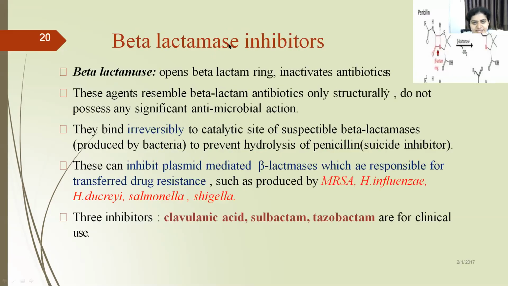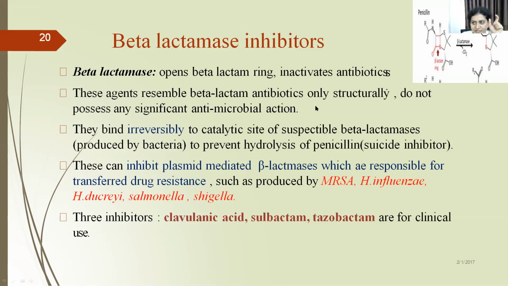So there are some beta-lactamase inhibitors. Okay, the beta-lactamase enzyme is nothing but it is formed by the invading bacteria that opens the beta-lactam ring and inactivates the penicillin. So the beta-lactamase inhibitors resemble the beta-lactam antibiotics, only structurally they will be similar. They do not have any significant antimicrobial action.